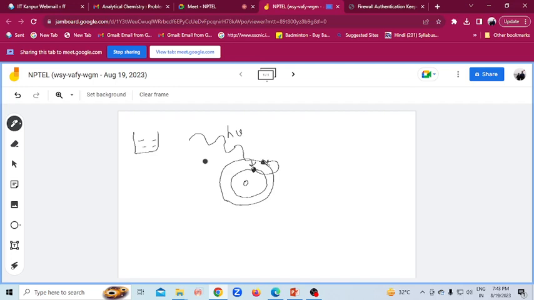Light is a form of energy, E is equal to h nu. So the energy of this wavelength is, suppose, E. When this energy, or we can say light, falls on this electron, it will be excited and jump to a higher step. This is called absorption of light.